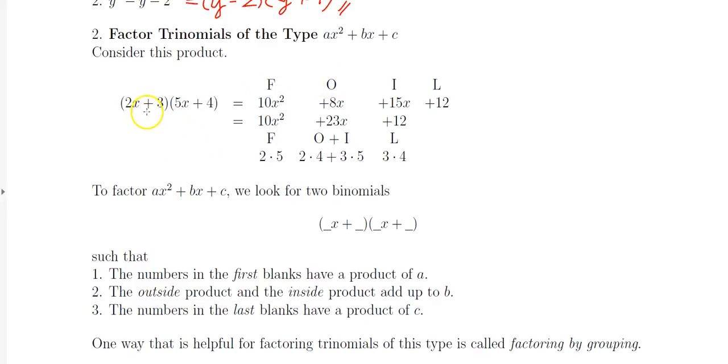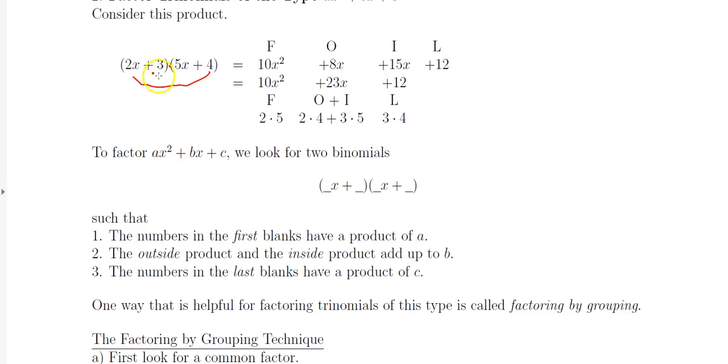So let's consider 2x plus 3 times 5x minus 4. If I do the firsts, I get 10x squared. The outer product is 8x. The inner product is 15x. And the last product is 12.